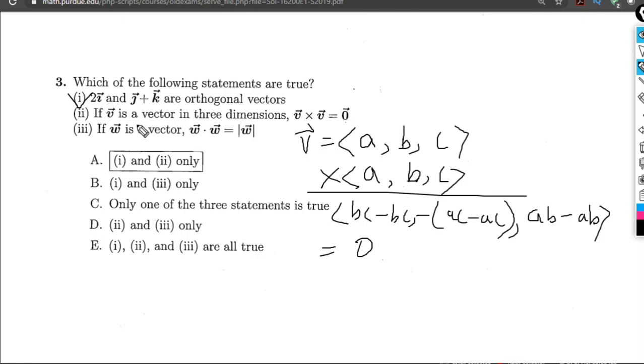So it is true that if you cross a vector with itself, it will be 0. It doesn't matter if one of the values is 0 or infinite, it should always be this. So number 2 is also true.